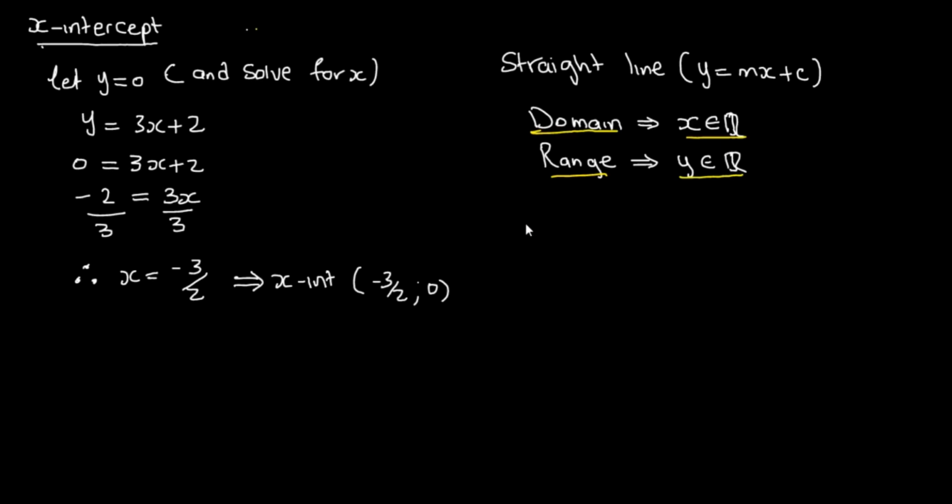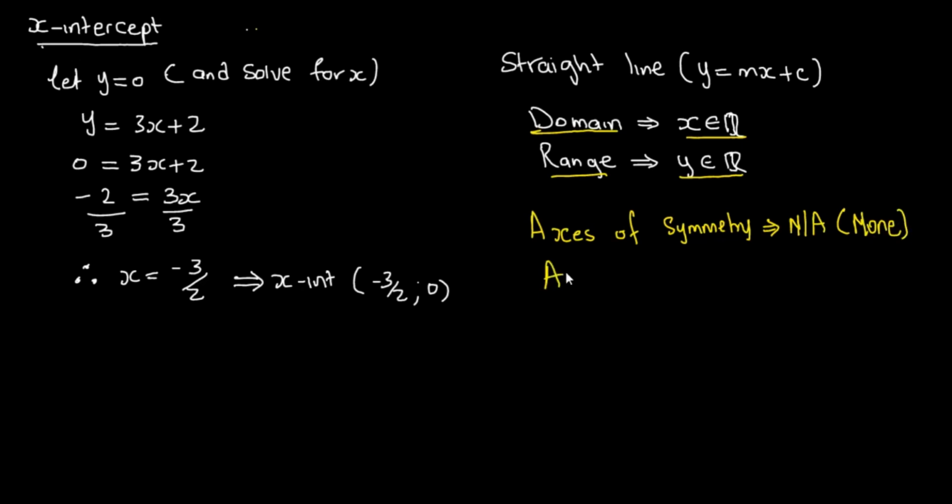So the axis of symmetry, remember, it's a line that divides the graph into two equal parts. For this one, the axis of symmetry is not applicable. So what I'm trying to say is, a straight line does not have an axis of symmetry.